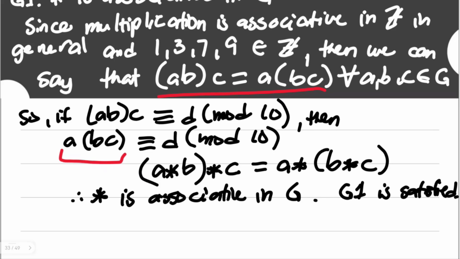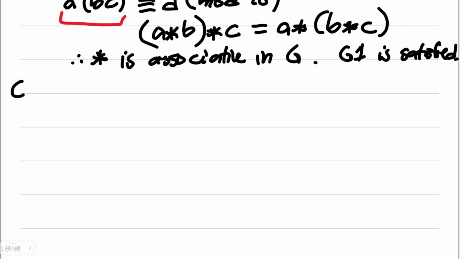Other references would like to invoke this, but we also showed a little bit of understanding, being the elements of G as integers and looking into the perspective that associativity in usual multiplication will hold for Z. Now, let's proceed to G2.